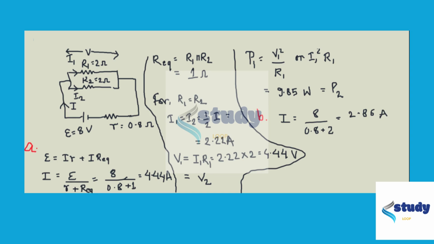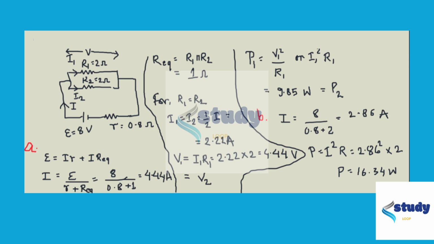The total current of the system decreases. It was initially 4.4, but now it is 2.86. But this whole current is received by one of the resistors. So the power in either of the resistors is I squared R, which is 2.86 squared into 2, coming out to 16.34 watts.